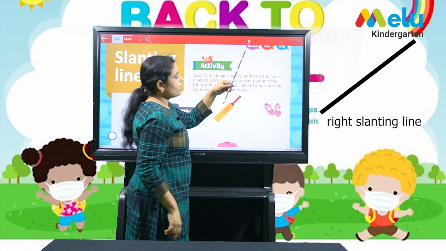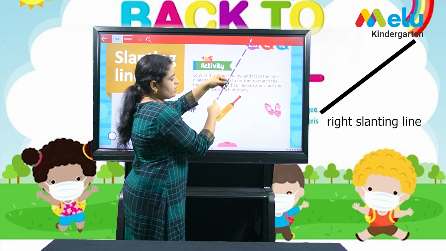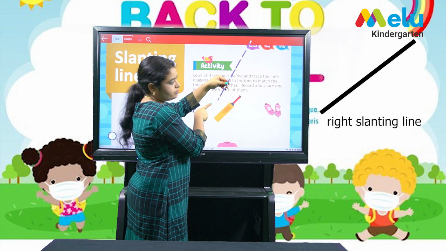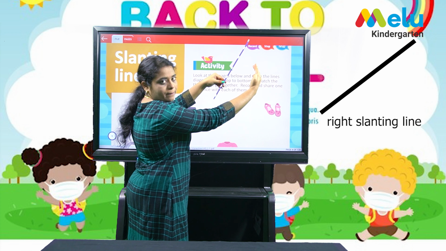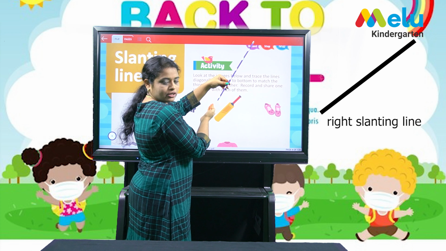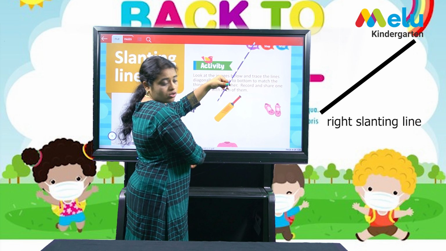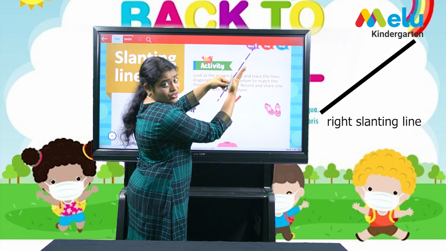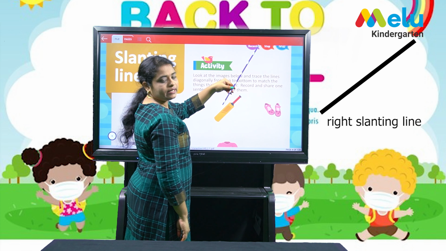I will show you with the help of this stick. So this is a right slanting line because it is starting from the right hand side top and coming down to the left side bottom, and it is also bending towards the right. Yes, so this is a right slanting line.